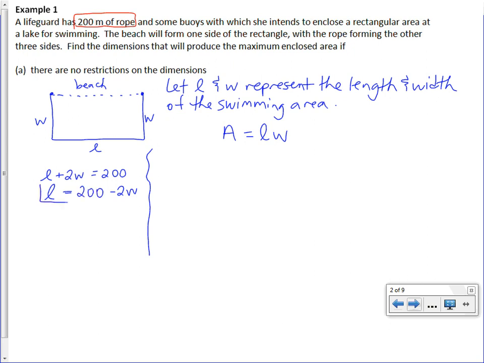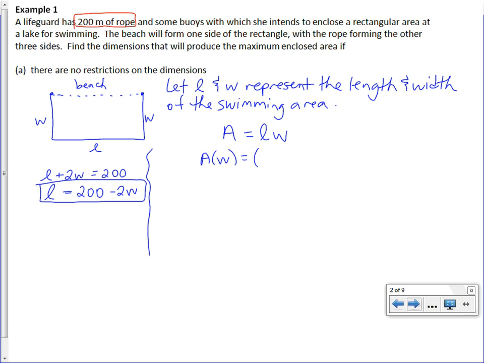So what I've just done is I have written the length in terms of the width. Is everyone okay with me at my statement there? I have now an expression for length in terms of width. So if that's true in this scenario, then can I replace the L over here with 200 minus 2W? And do you see that by doing so, you now have turned your formula into a function? Does everyone see what I'm talking about?